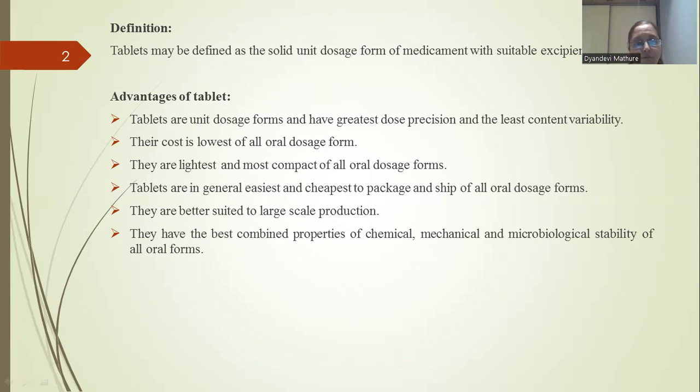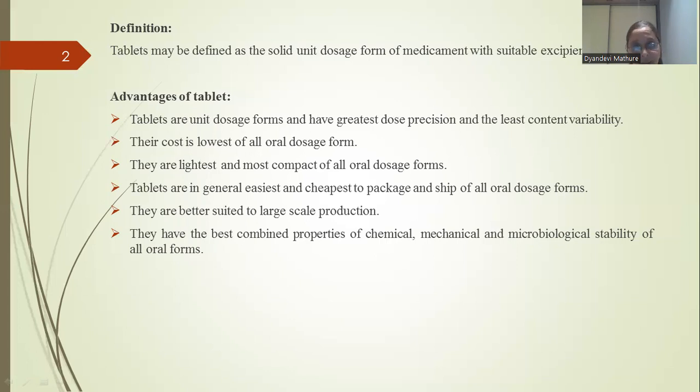Advantages of tablet. Tablets are unit dosage forms and have the greatest dose precision and the least content variability. As we have just discussed, it is a solid unit dosage form. Whatever the dose of the medicament or the drug is, that dose is to be incorporated in a unit dosage form.